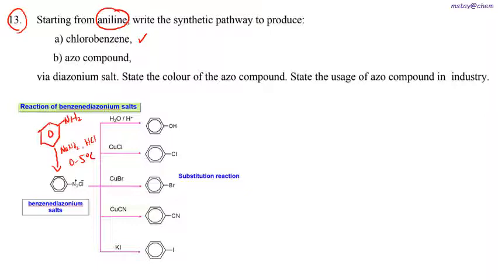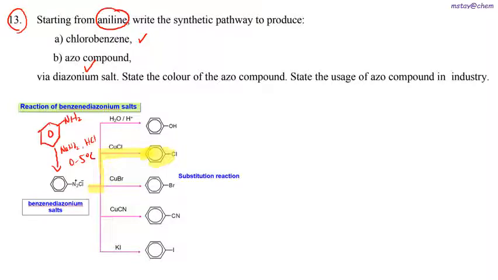Because we want to produce chlorobenzene, the benzene diazonium salt will later react with copper chloride to form chlorobenzene.